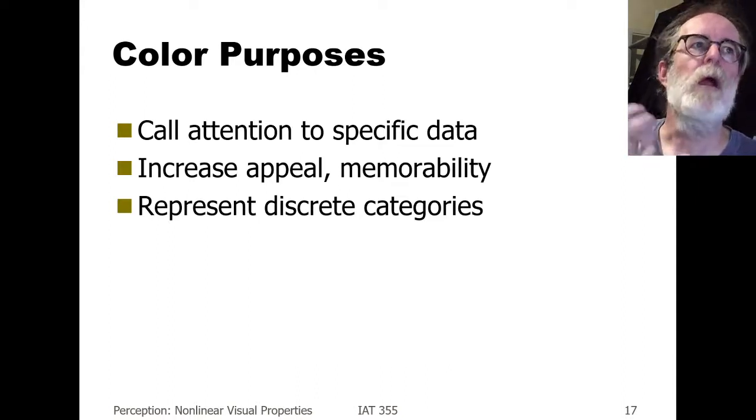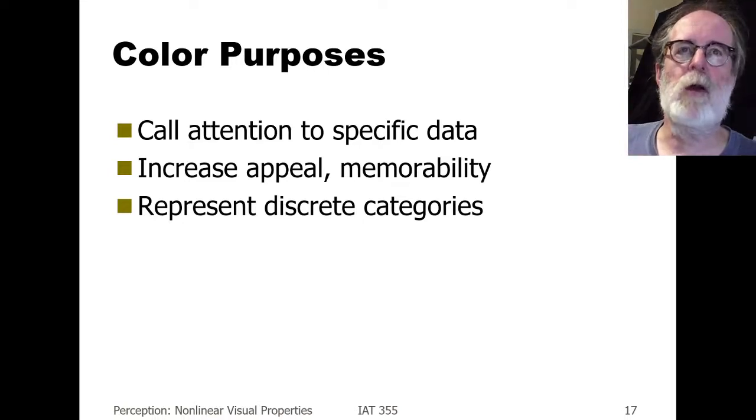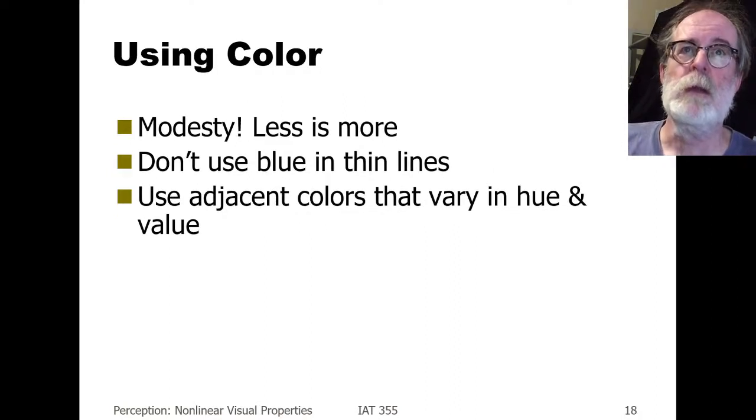So you can use color for calling attention to specific data, increasing appeal, memorability, and representing discrete categories. In the previous slide set, in lecture 5.2, we talked about Colin Ware's set of colors: red, green, blue, yellow, black, white, etc. It's good for that, particularly if you have control over the display, as you would typically in most analyst sessions.